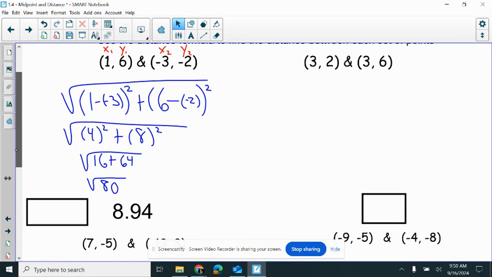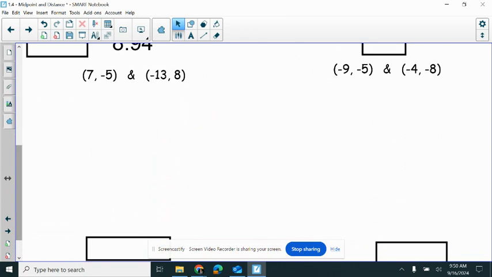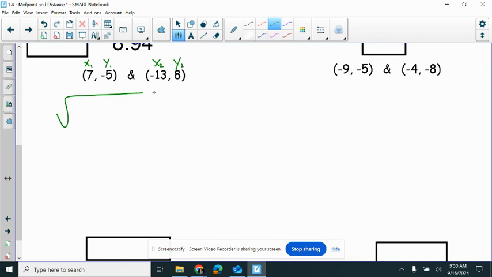Let's look at the one underneath of this one. First step, I'm going to label my points, x1, y1, x2, y2. I do a long square root.